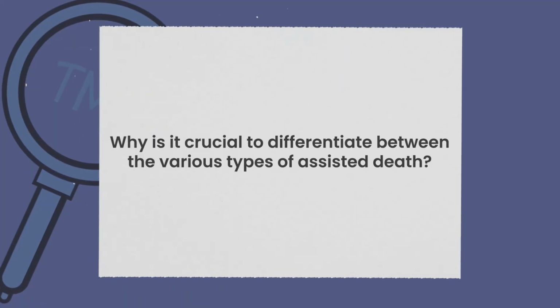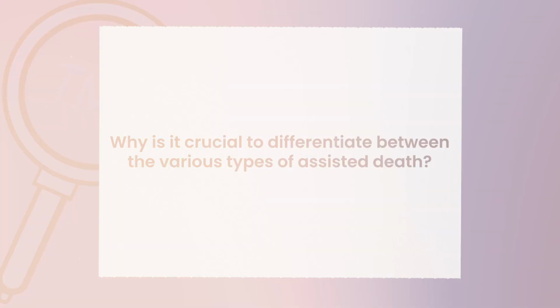Why is it crucial to differentiate between the various types of assisted death? Differentiating between the types of assisted death is vital because each carries its own ethical, legal, and medical implications. Understanding these distinctions ensures that discussions, decisions, and policies surrounding MAID are informed, accurate, and respectful of individual rights and societal values.